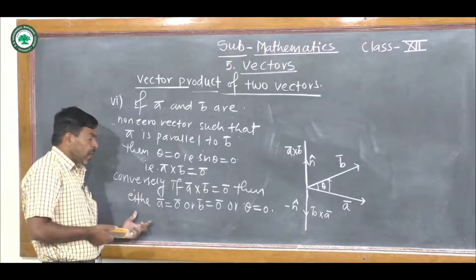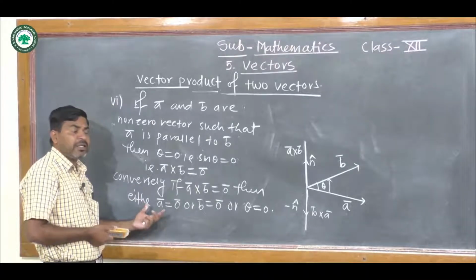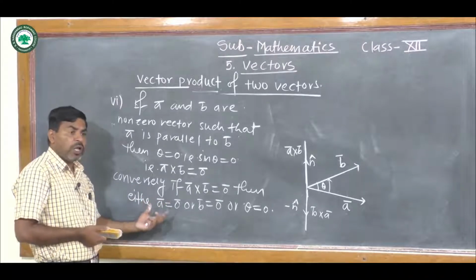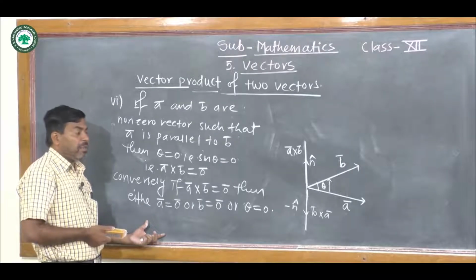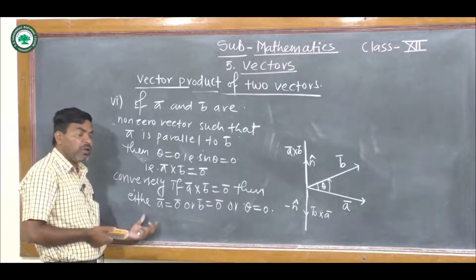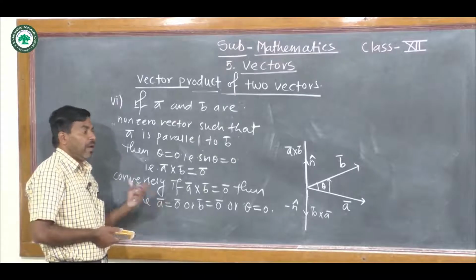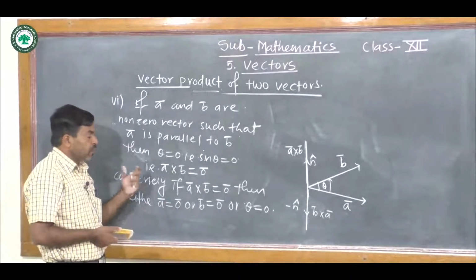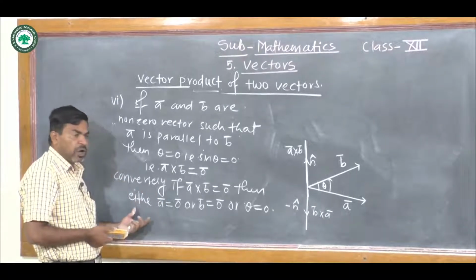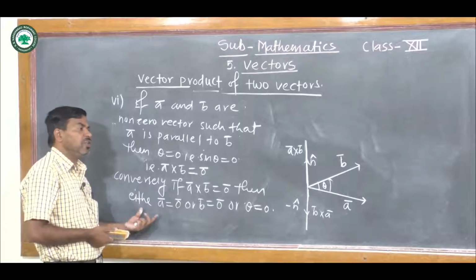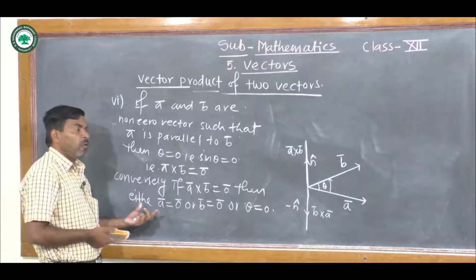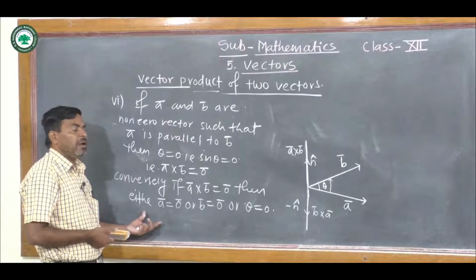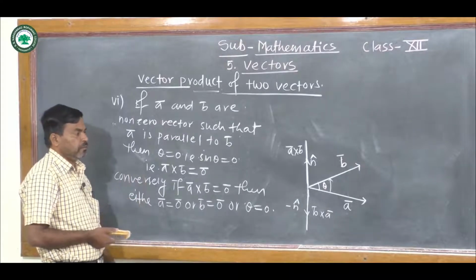So from this we conclude that the cross product of any two vectors is the 0 vector only when they are parallel or collinear.